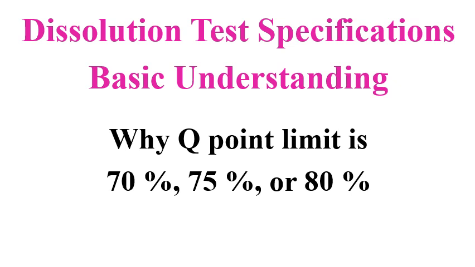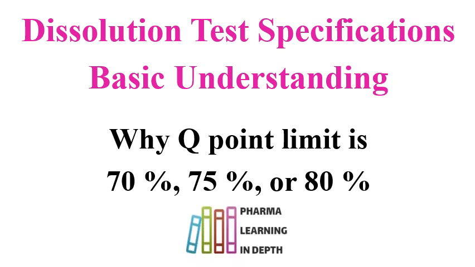So once you get the 70%, 75%, 80% or 85% dissolution, you can give the Q point. The Q point may be for IR products like 15 minutes, 30 minutes, 45 minutes or 60 minutes. Sometimes for some of the products, low soluble products, a 90 minute or 120 minute Q point may also be given.